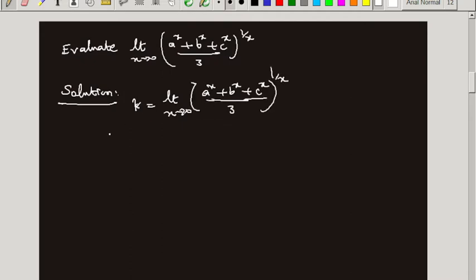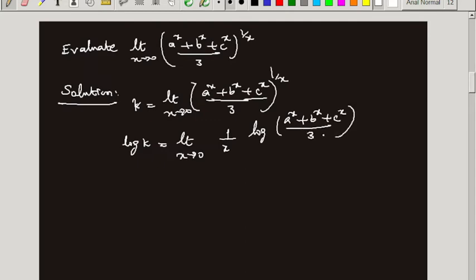Now we take the log both sides. Log k equal to limit x tends to 0. So here we get 1 by x into log of (a power x plus b power x plus c power x dividing by 3). So this is the numerator.